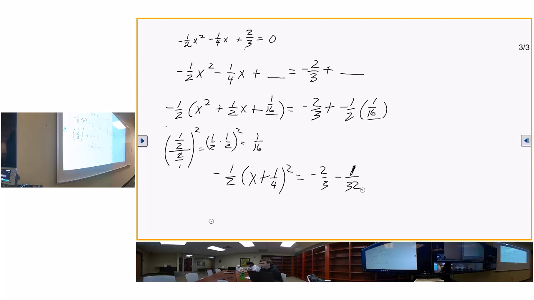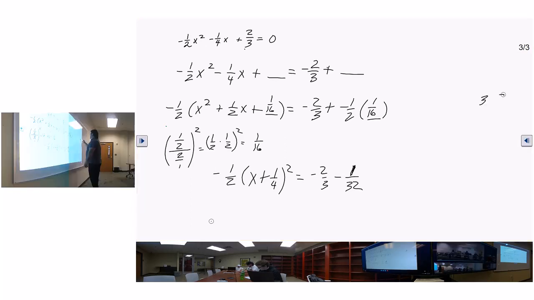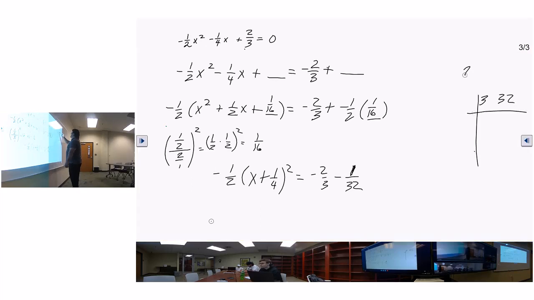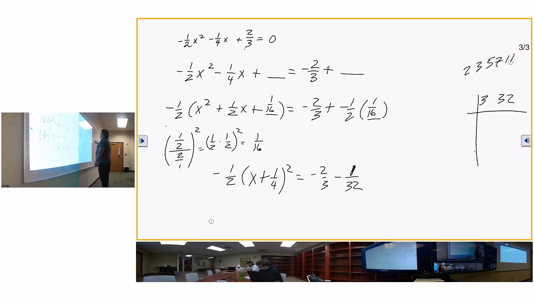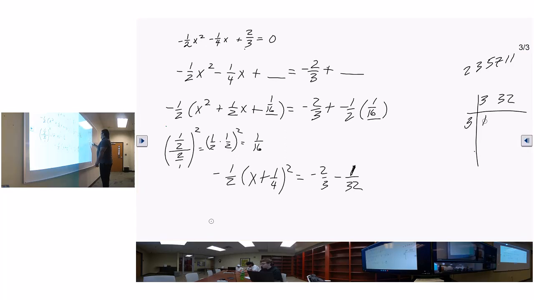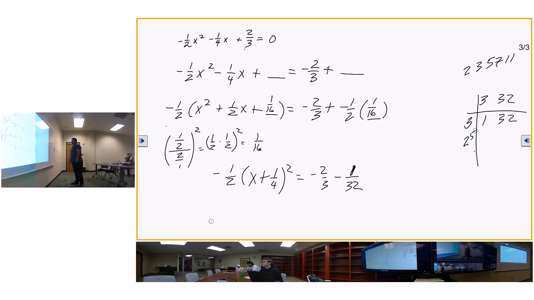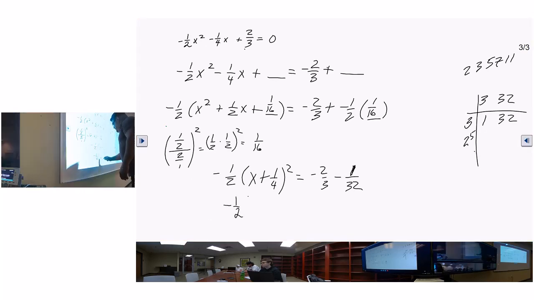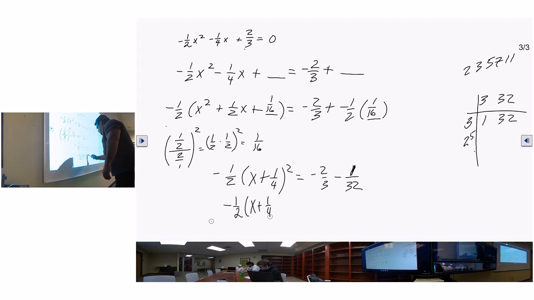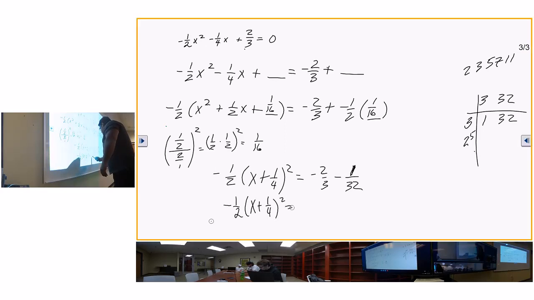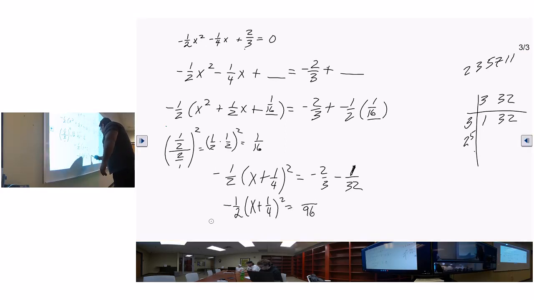So that means I got to get a common denominator of 3 and 32. 3 we're going there one time, 32 is 2 to the 5th. So 2 to the 5th, which is 32, times 3 is 96. So negative 1/2 times the quantity x plus 1/4 squared is equal to blank over 96 minus 1 over 32.